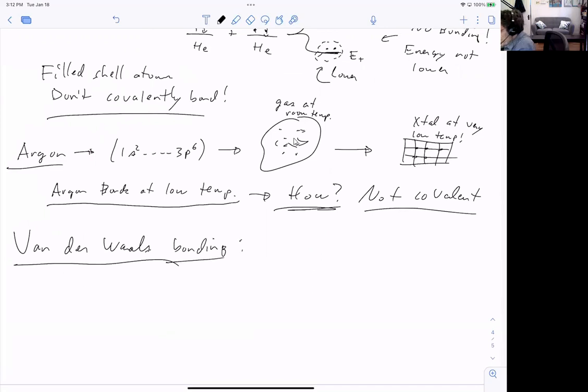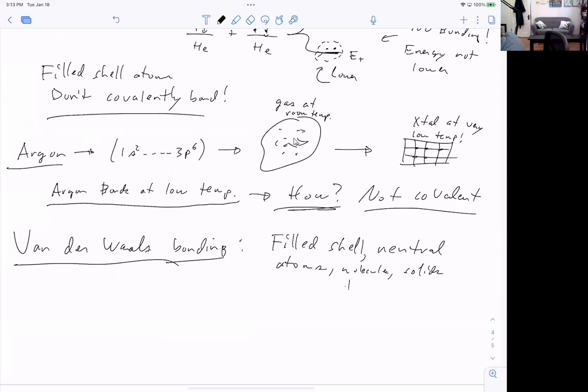The reason it's really important is because van der Waals bonding happens if I have filled shell neutral objects, atoms, molecules, solids, then they bond. And this van der Waals bonding, we call it VDW, just because no one likes to write van der Waals. It's too tedious.